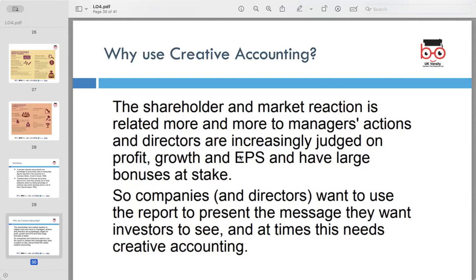Consequently, companies and directors may feel compelled to manipulate financial reports to convey a specific message to investors. So, in a sense, creative accounting is used as a tool to shape perceptions and influence investor sentiment, particularly when there are incentives tied to financial performance.